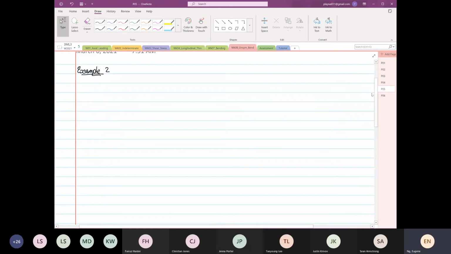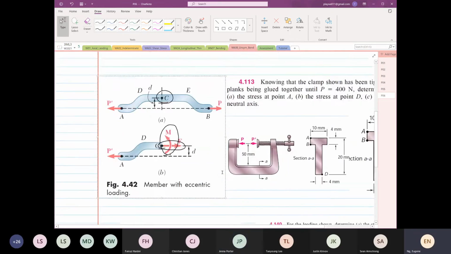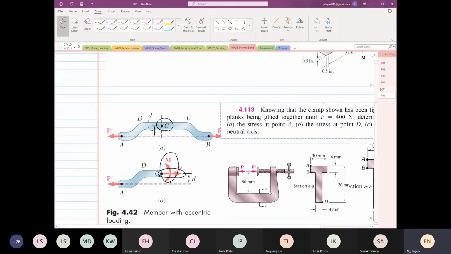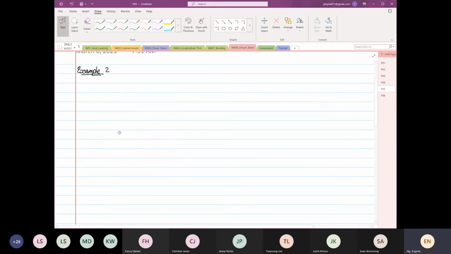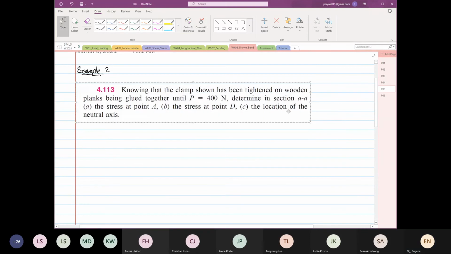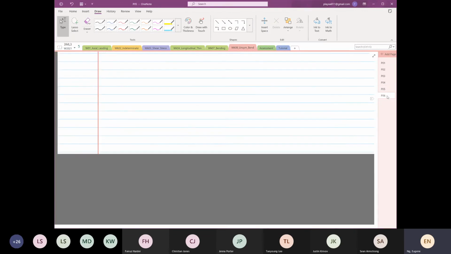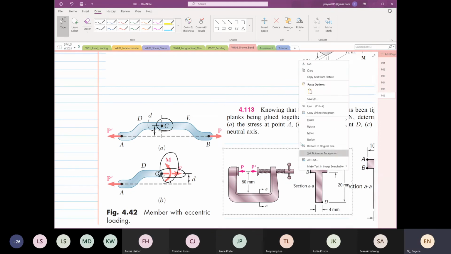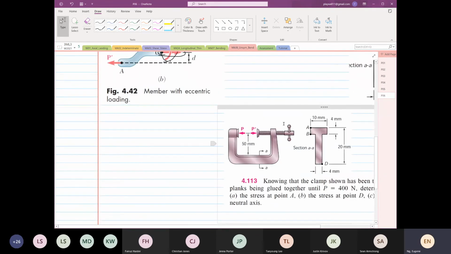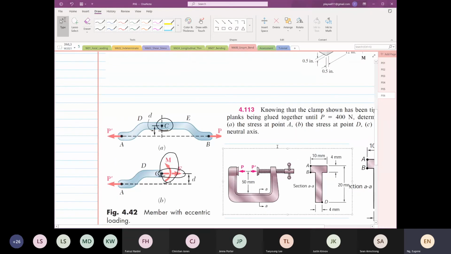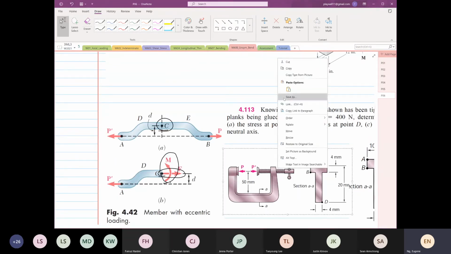So now we look at another example. Okay, we look at this example. I don't think you'll be learning anything new in terms of formulation, but I want you to watch the procedure that I do, because it will help you reduce the possibility of making mistakes. Come on, Eugene.